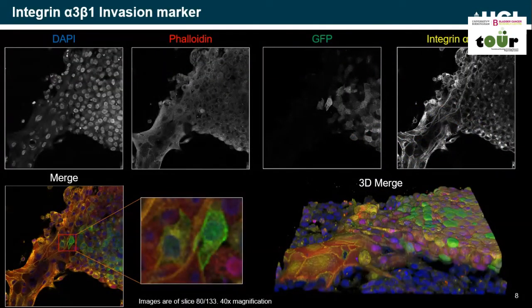Another marker I wanted to see was the integrin alpha-3 beta-1 invasion marker. This has recently been published to be expressed on the tip of the filopodia of invading cancer cells, especially in mouse models. So I wanted to see if this was replicated in the hybrid model.